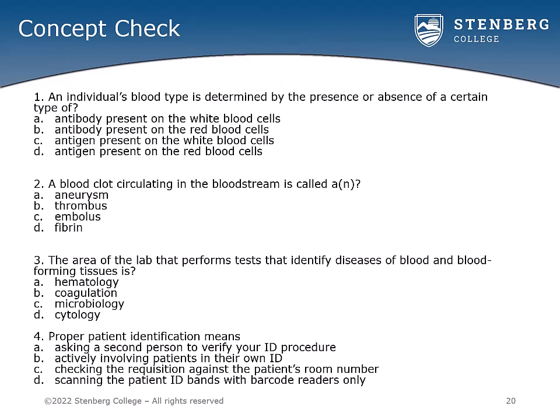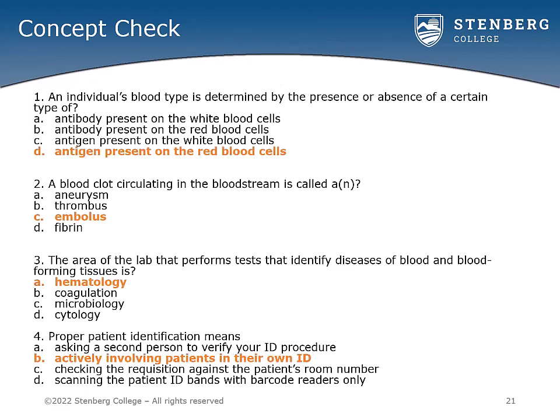Proper patient identification means A. Asking a second person to verify your ID procedure. B. Actively involving patients in their own ID. C. Checking the requisition against the patient's room number. Or D. Scanning the patient ID bands with barcode readers only.